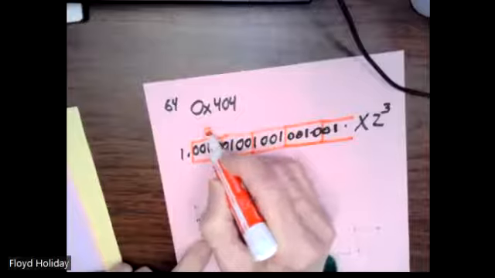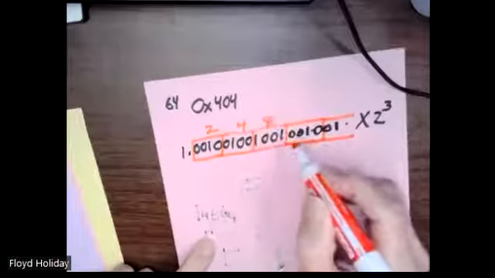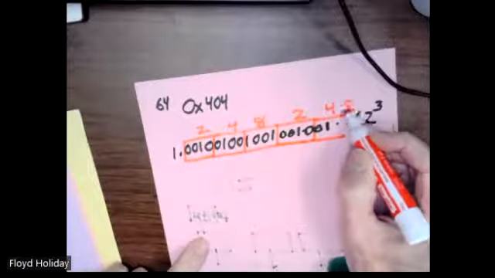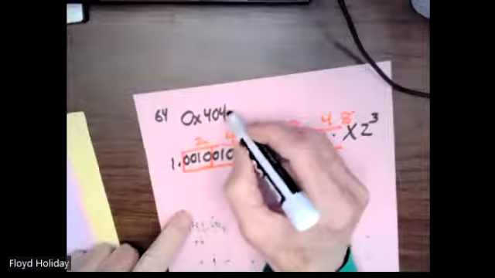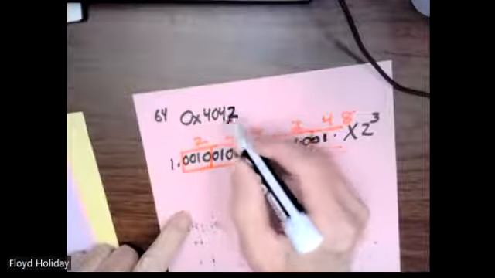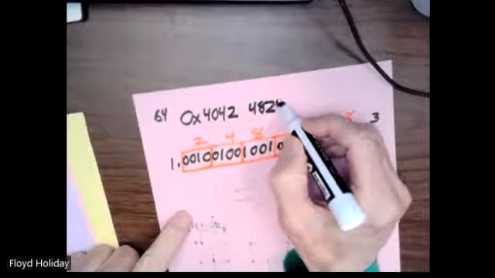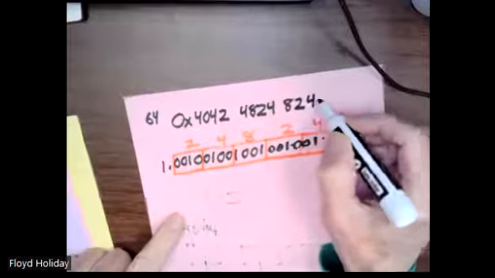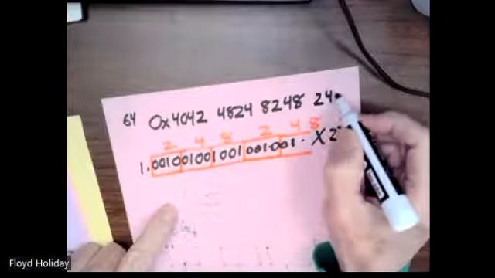Here's a 2, here's a 4, and this will be an 8. Okay, so suppose our starting number was 404 for the exponent, then 2, 4, 8, 2, 4, 8, 2, 4, 8, 2, 4, 8, 2.